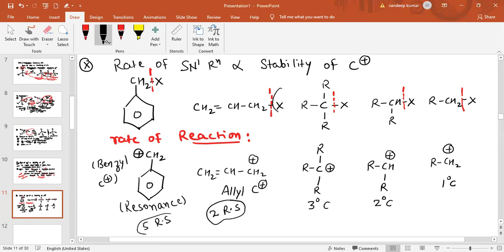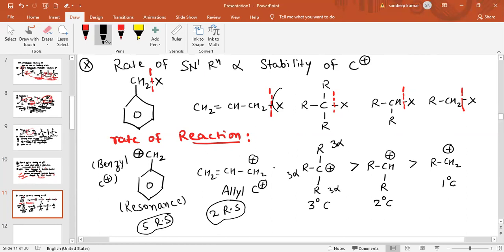Now, when R is CH3, there are 3 alpha hydrogens in each case. So the 3-degree carbocation is more stable than the 2-degree, and the 2-degree is more stable than the 1-degree.